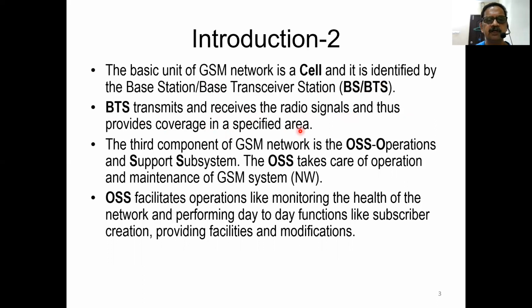The main business of the base transceiver station is to transmit the signal to its users on the radio path, on the wireless path, and similarly to receive the signals from the mobile stations on the wireless access.